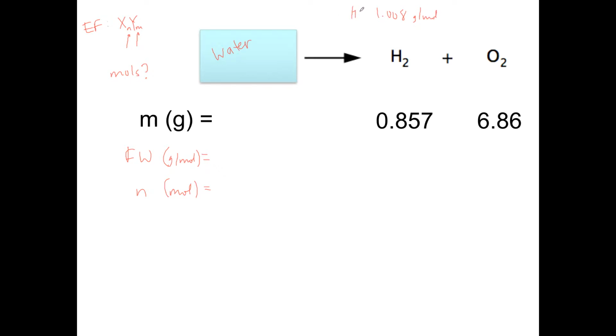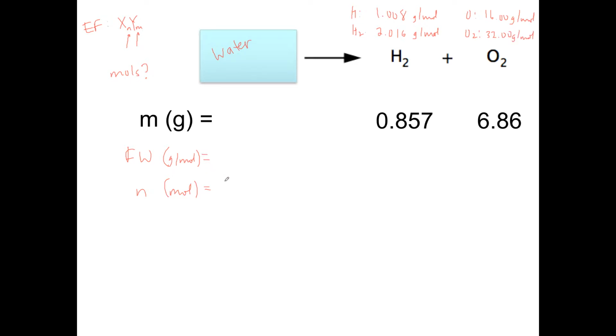So H2 is going to be 2.016 grams per mole. It's 2 times that. Oxygen is 16.00 grams per mole. Can you read my writing? O2 then is going to be 32.00 grams per mole.